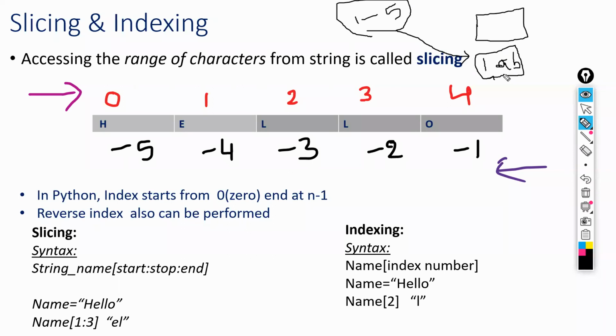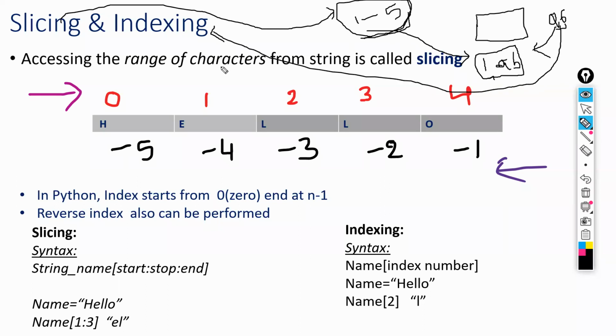If the faculty is interested, he wants to ask randomly, not 1 to 5: roll number 26, come for the viva. Choosing a particular one, or choosing some range of students. So choosing a range of students is called slicing, and choosing a particular one is called indexing. I hope it's clear to you, right?